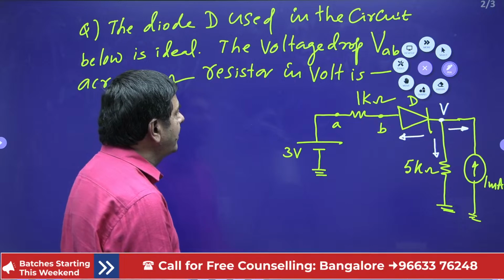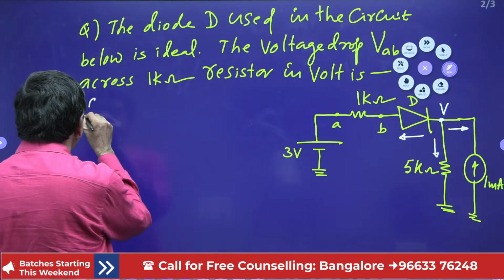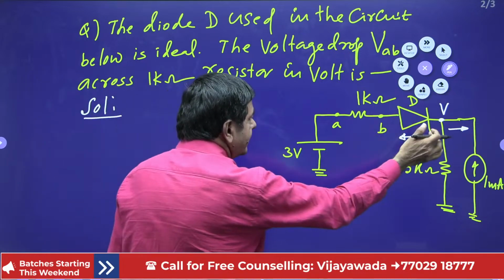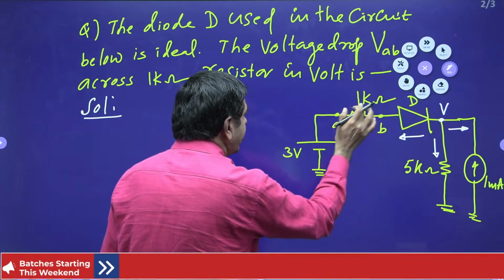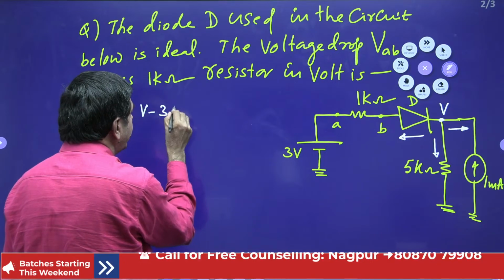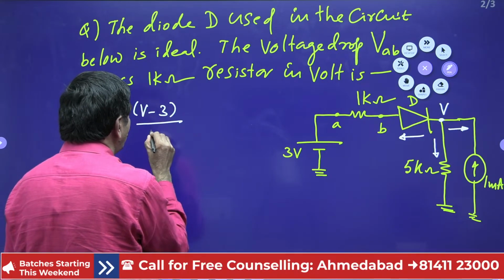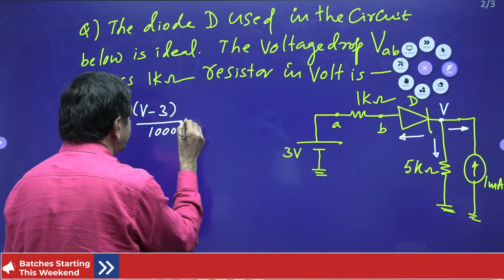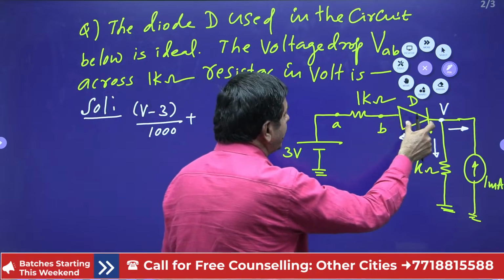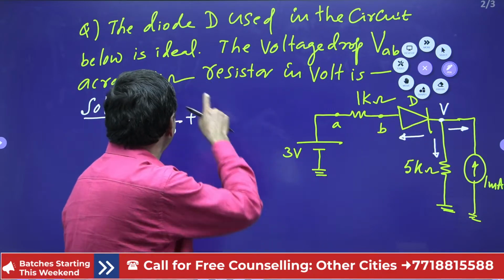How can you apply the nodal analysis here? As per nodal, in this direction (V minus 3) by 1K, (V minus 3) by 1 kilo ohm. 1 kilo ohm means 1000 I can put. Plus, we don't have any voltage drop across this diode because it is given ideal.